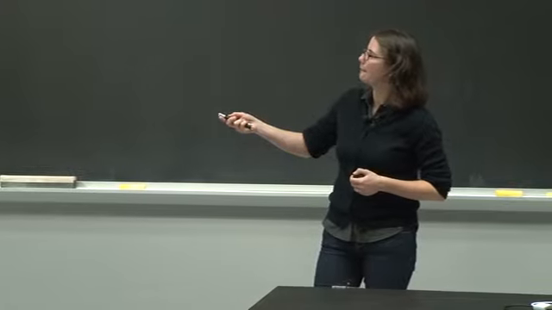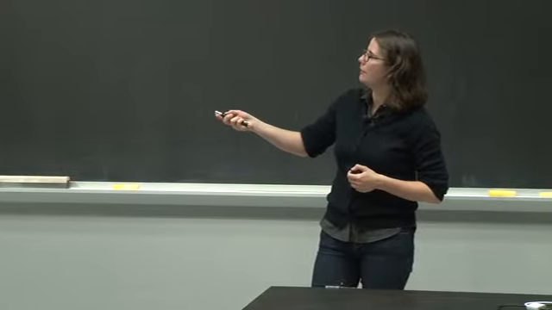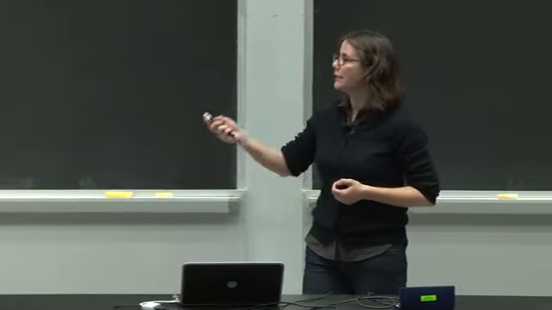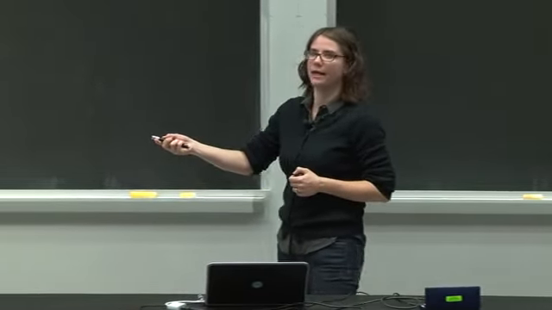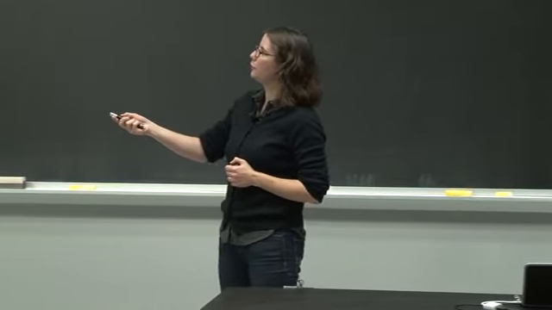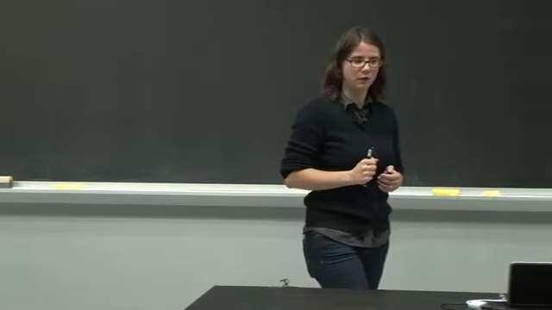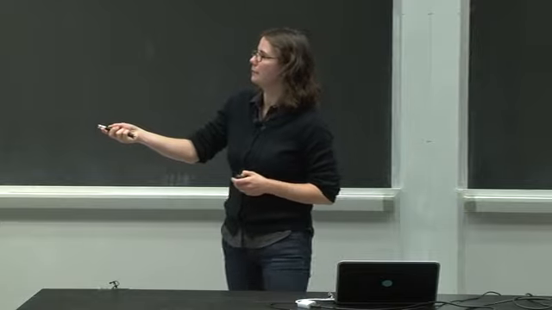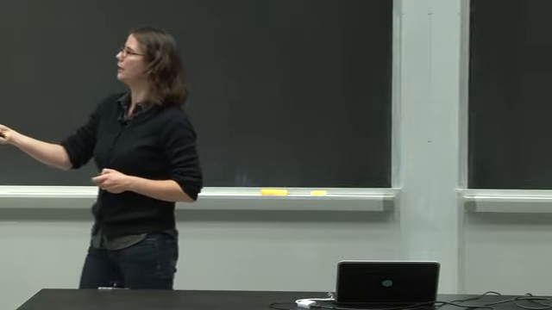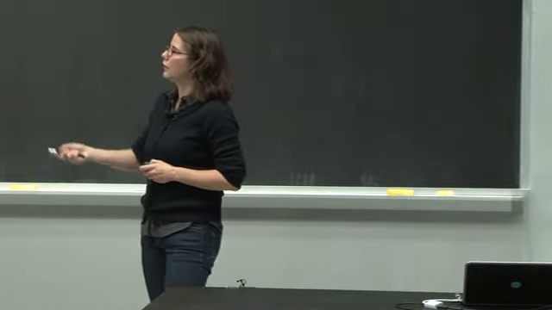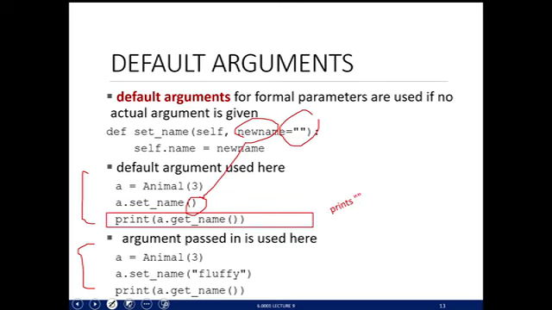But that's okay, because new name actually has a default argument. Okay? So that tells Python if no parameter is passed in for this particular formal parameter, then use whatever is up here by default. So if I haven't passed in the parameter, a.setName is going to be setting the name to the empty string, because that's what the default parameter is. So in the next line, when I print a.getName, this is just going to print the empty string. Okay?